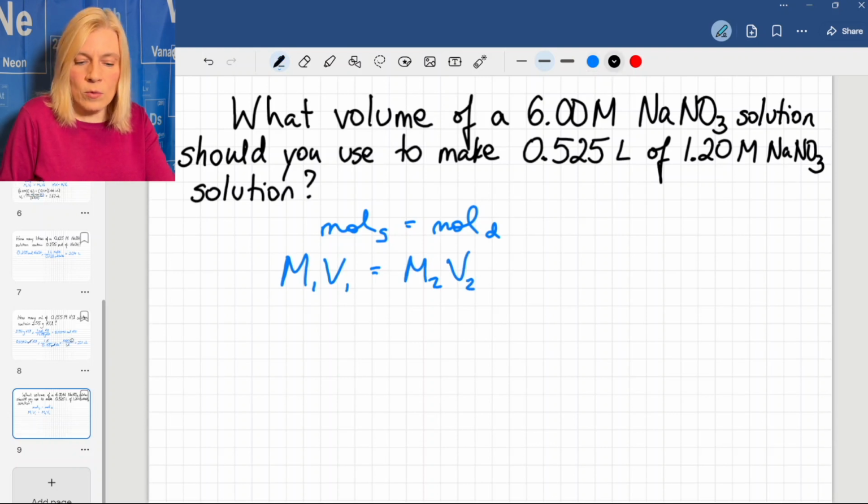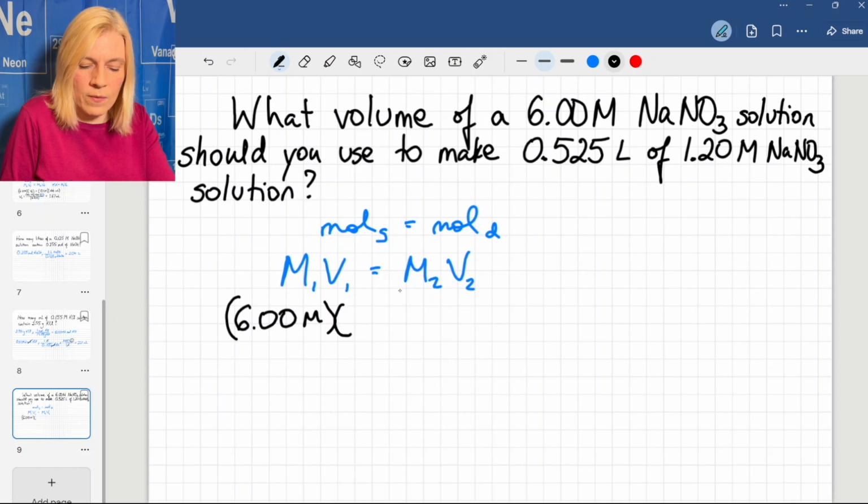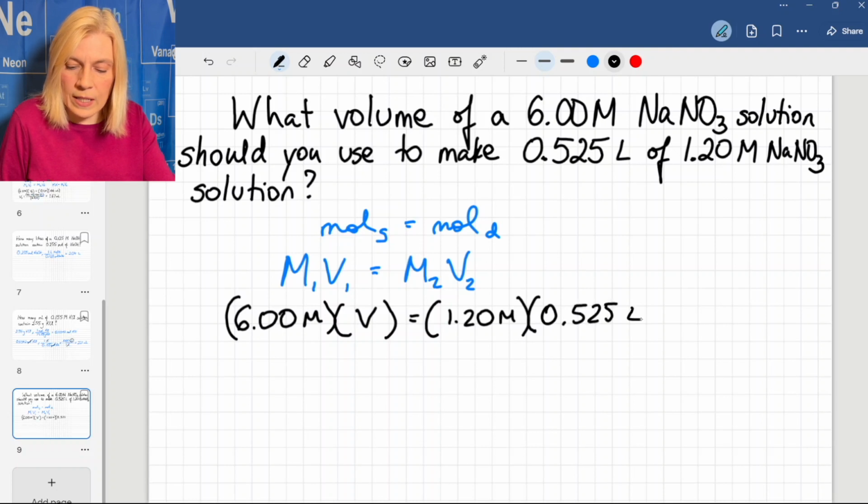And now I'm just going to plug and chug. So stock solution first: I have 6 molar, and the volume I do not know. Now the diluted molarity is 1.20 molar, and my volume is 0.525 liters.